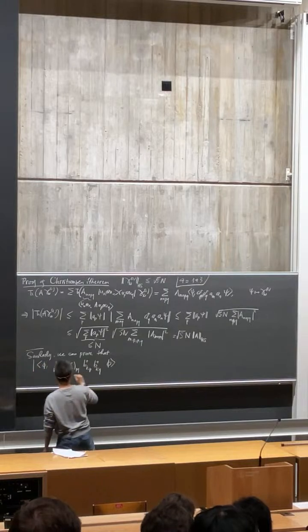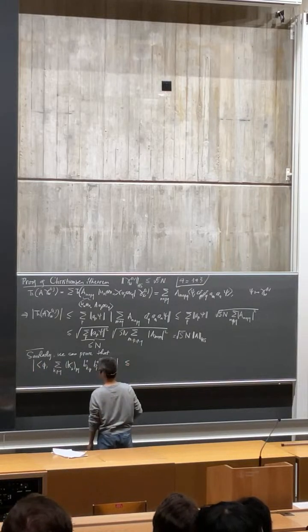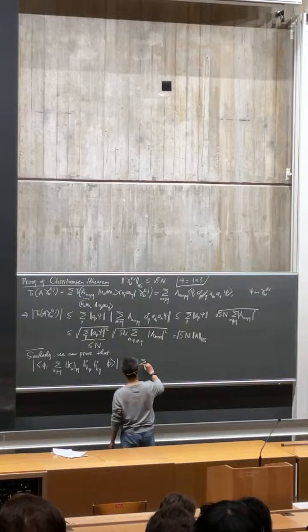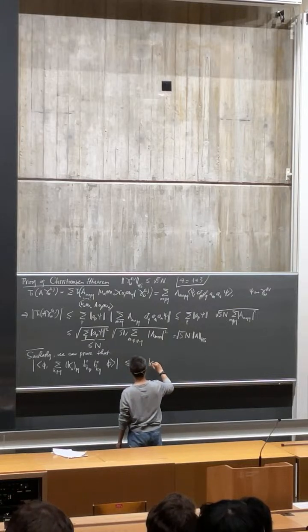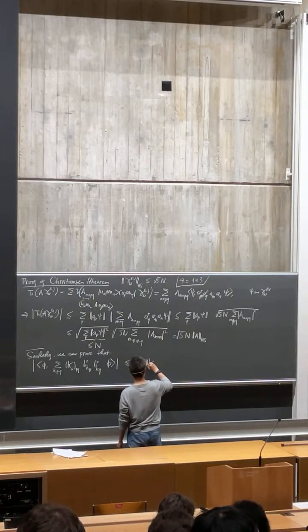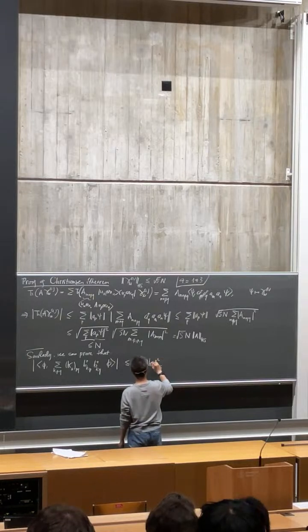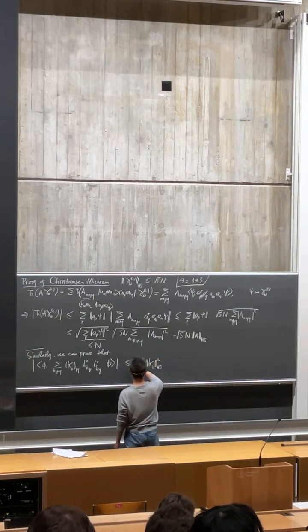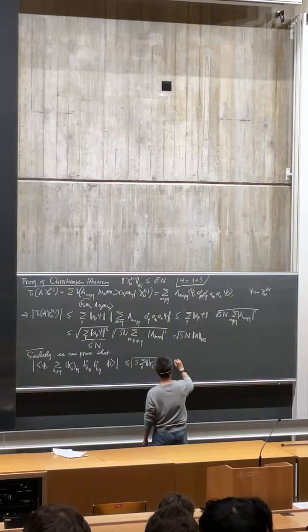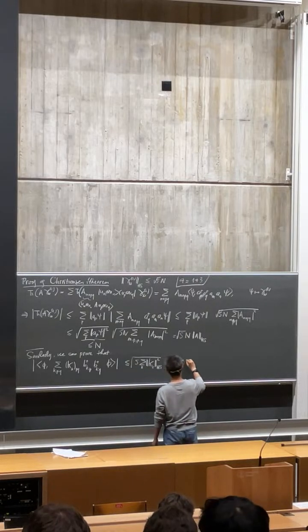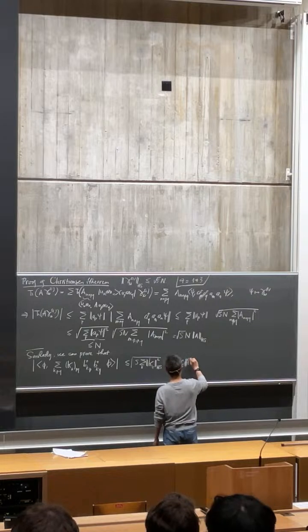If you do absolute values, then it's more than 5 times, and then the sum over K, square in size, and you get the phi and E plus 1.